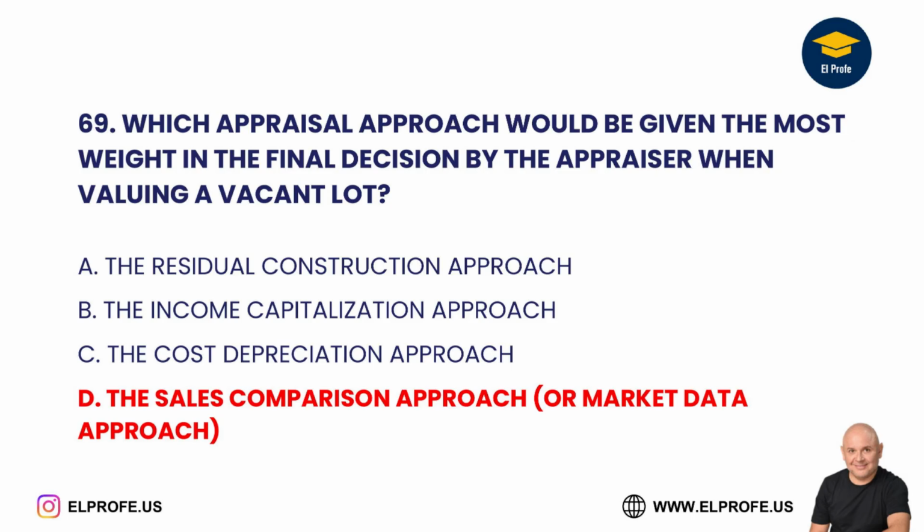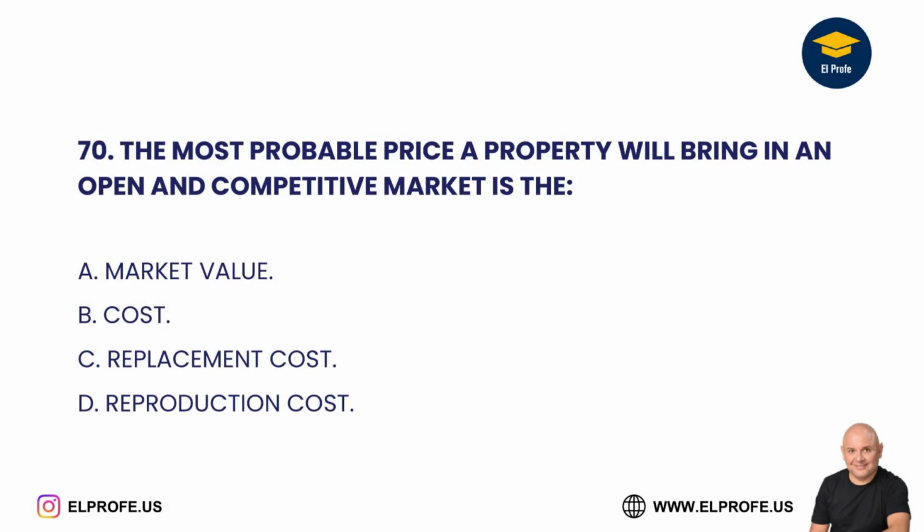Vacant land equals sales comparison. 70. The most probable price a property will bring in an open and competitive market is the market value. It's not that market value is the exact price, it's the most probable price.